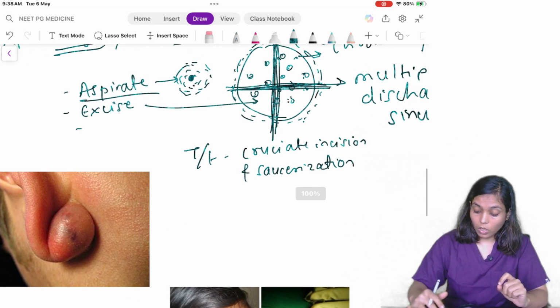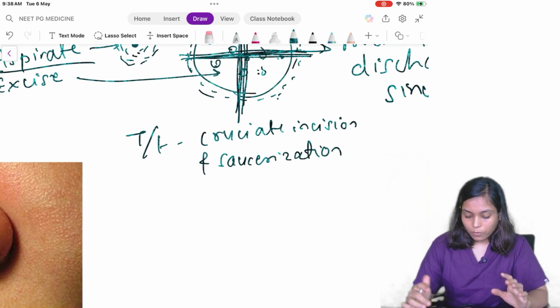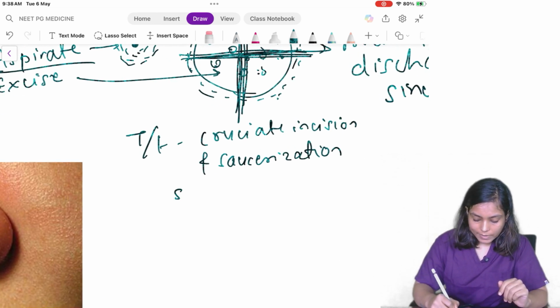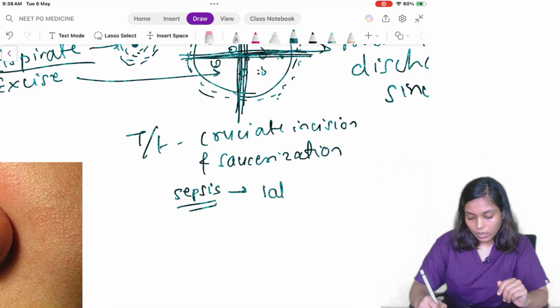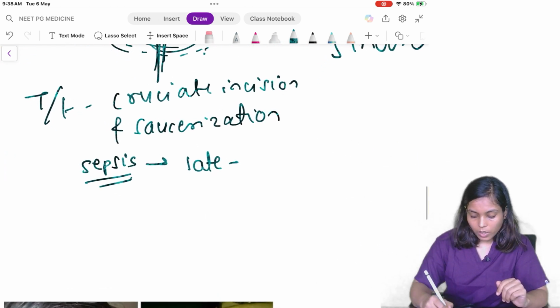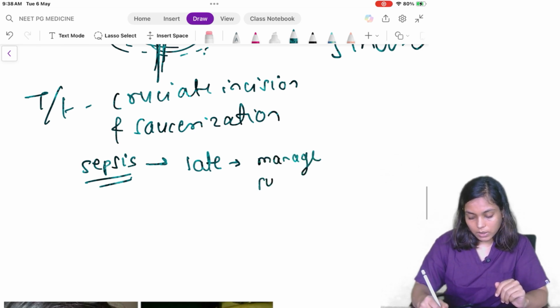One important thing, if the patient is already in sepsis, that means if the patient presents late, then you need to manage the patient systematically.